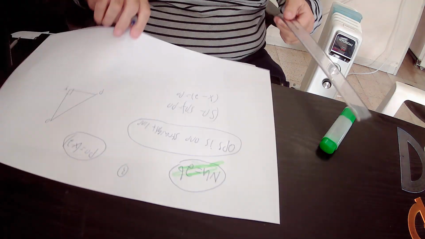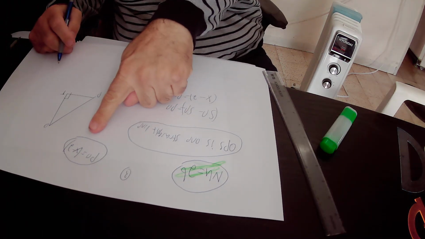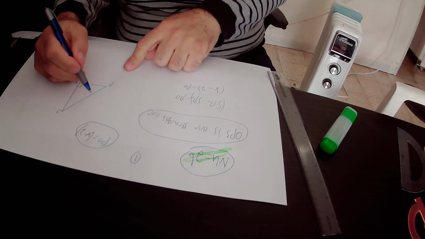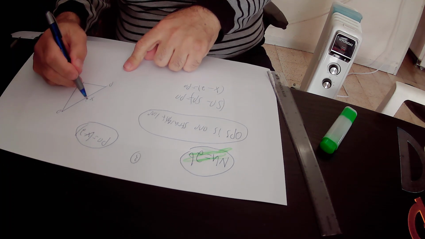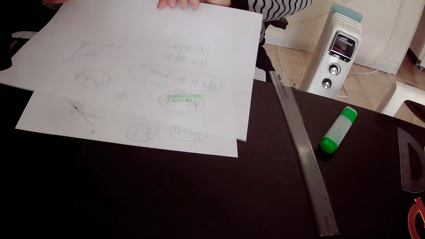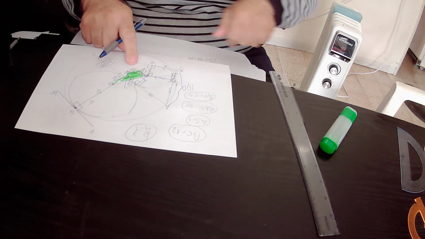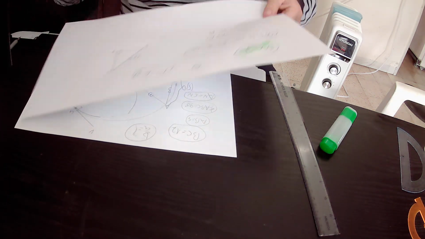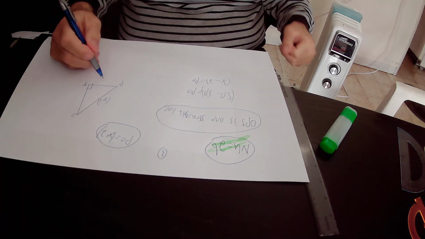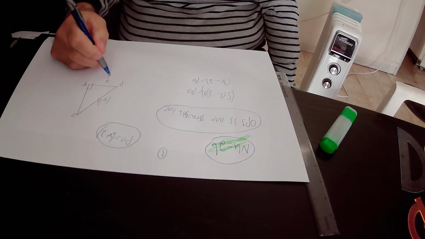We have already found out that PO equals x minus 2, so the hypotenuse PO is x minus 2. We just now found out that PT is 7 over 2. Here, the perpendicular PT is 7 over 2.